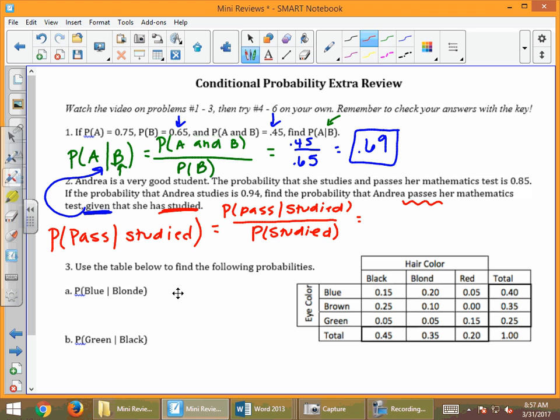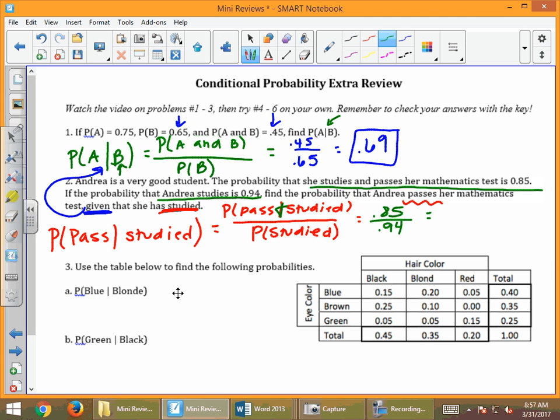And then you just throw those values into the right spot. So this is the and, not the slash. That should be and. So the probability that she did both, passed and studied, they said, and that's this first statement, studies and passes, is 0.85. That's going to go on the top. And the probability that she just studied is right here, 0.94.